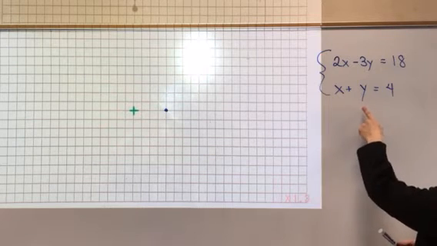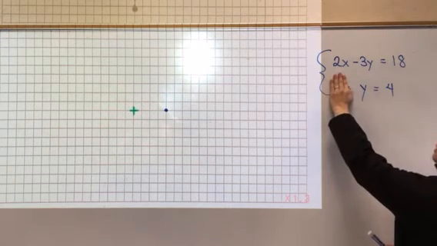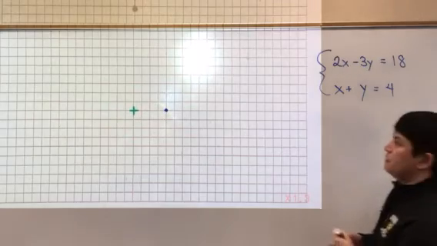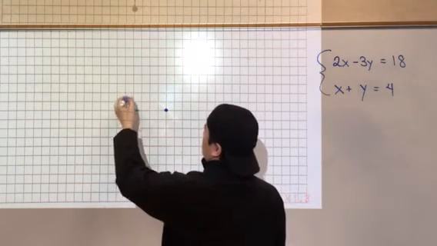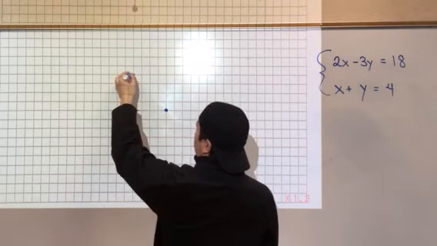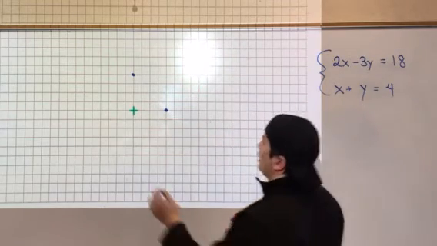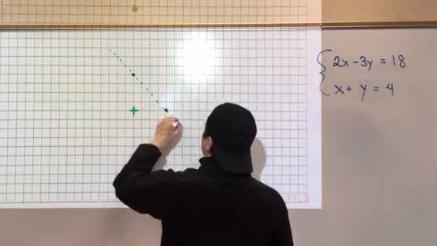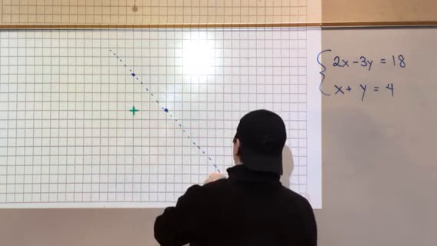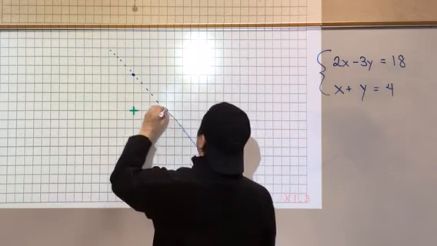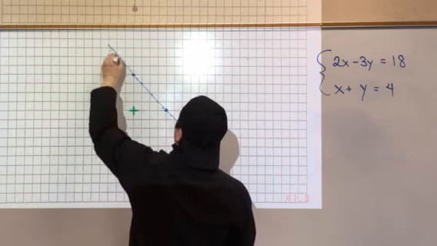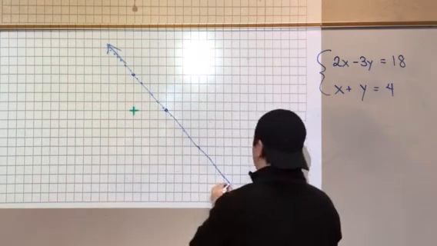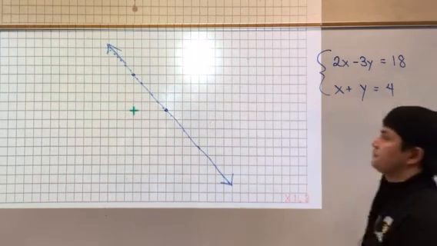If I want to find the y-intercept, I plug in x equal to 0, and y equals 4. So I've got an intercept at 1, 2, 3, 4. So my line roughly looks like this. Not perfectly straight, but you get the idea.